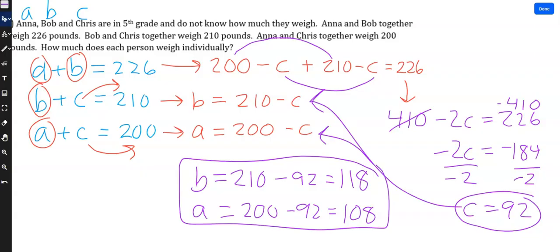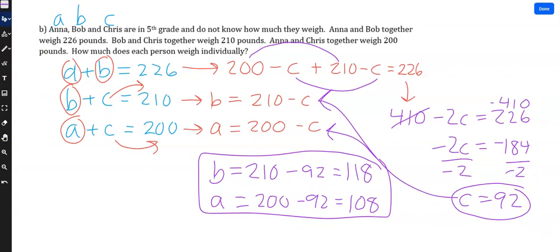So we now know what all three of them weigh just by doing substitution. We took the bottom two equations, solved one for A, one for B, and then we plugged those into the top equation.